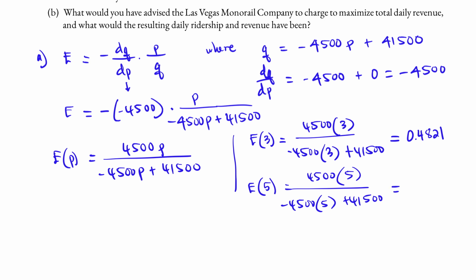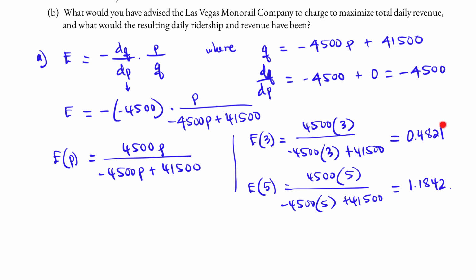Evaluate this, we will get 1.1842. In this case, when the price is 3, the elasticity is less than 1. And when the price is 5, the elasticity is more than 1.